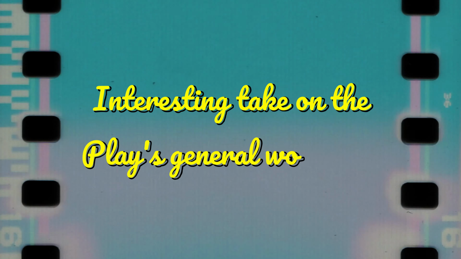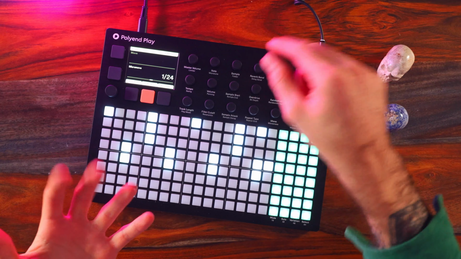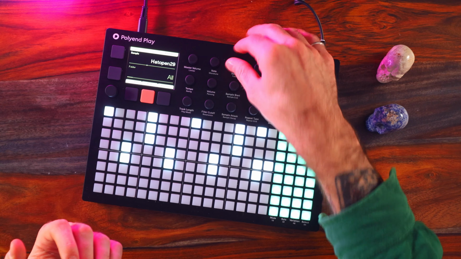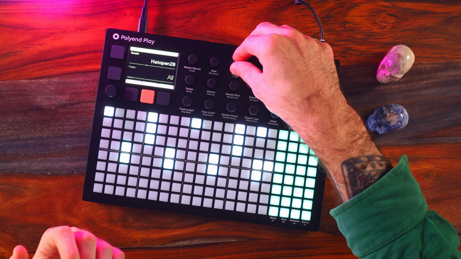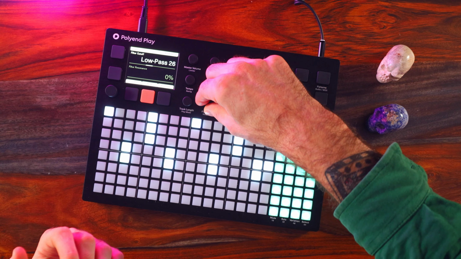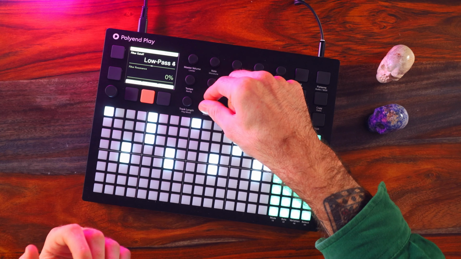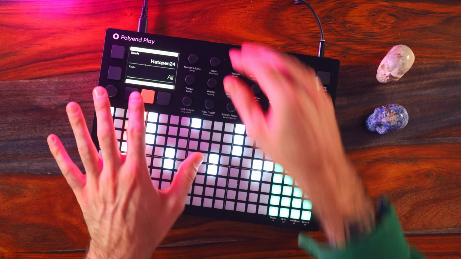Something interesting about how the play sort of encourages a certain type of workflow. So sample, if I move this around, any parameter that I change here, you could hear it. So even if I change low pass filter, all this kind of stuff, you hear exactly what you're doing to the sample, but while you're playing your pattern, you don't have that option.